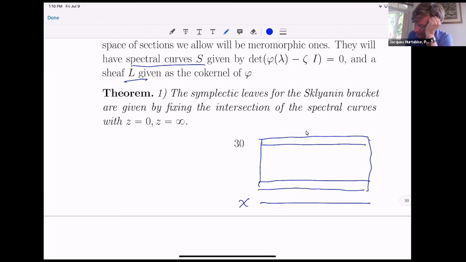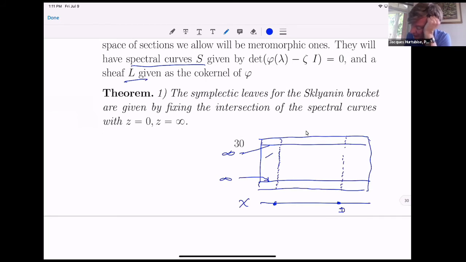Here's infinity, here's 0. And you see, whereas before for the Hitchin systems, the thing that determined the symplectic leaves was the intersection with the inverse image of a divisor. So that doesn't happen here.